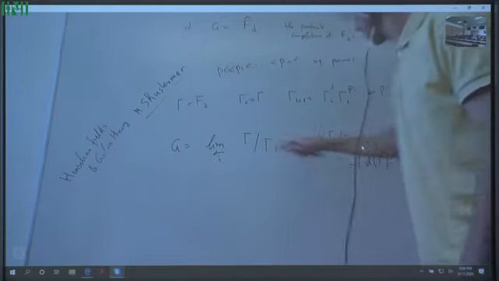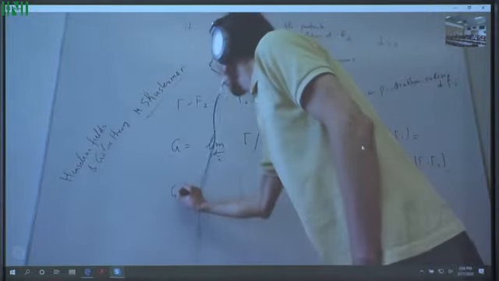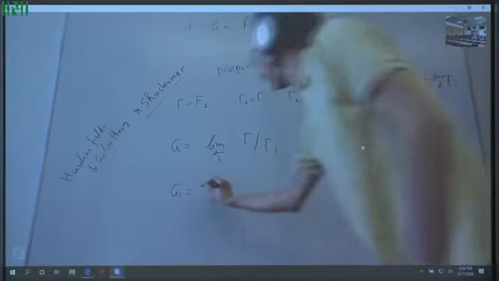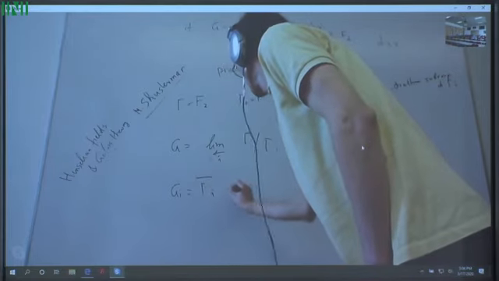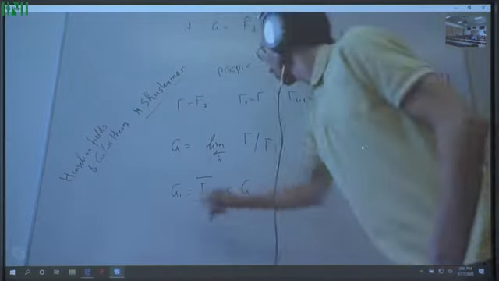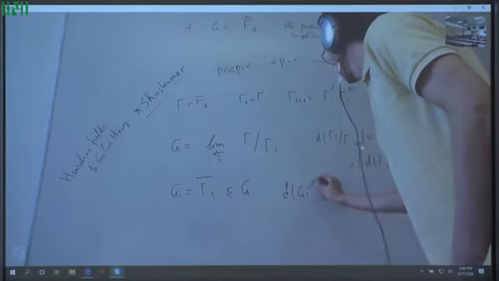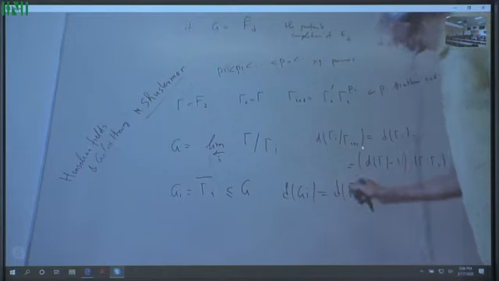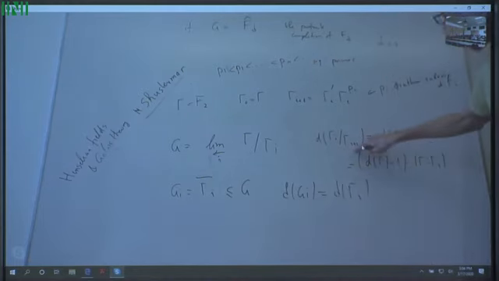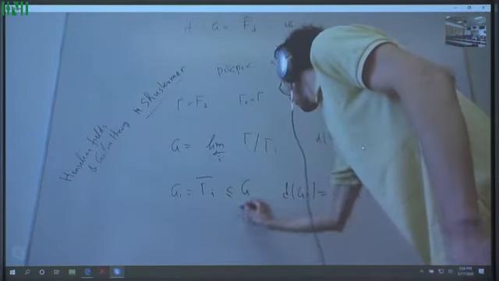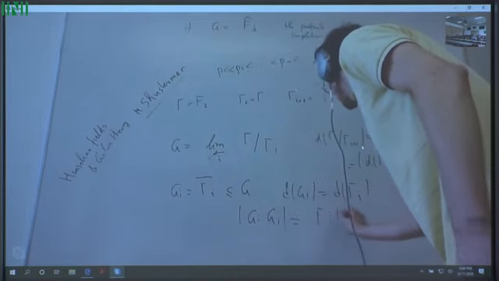You immediately see that if I put Gi to be the closure of gamma i inside G, then the number of generators is exactly the number of generators of gamma i, because Gi maps onto gamma i modulo gamma i plus 1, and the index is the same.